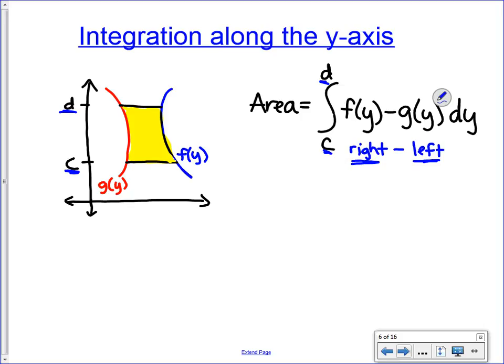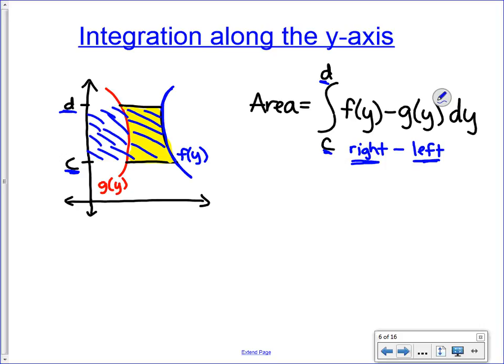So f of y is the blue function, and g of y is the red function. If we integrate f of y from c to d, that would give us all the area between f of y and the y-axis.